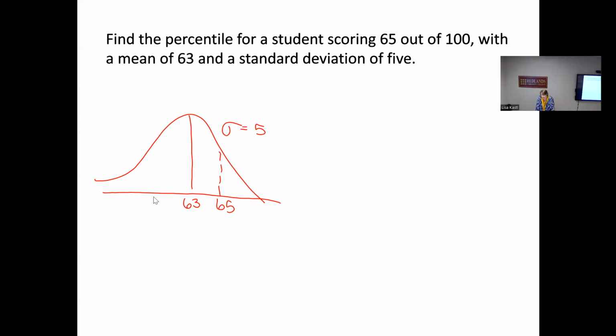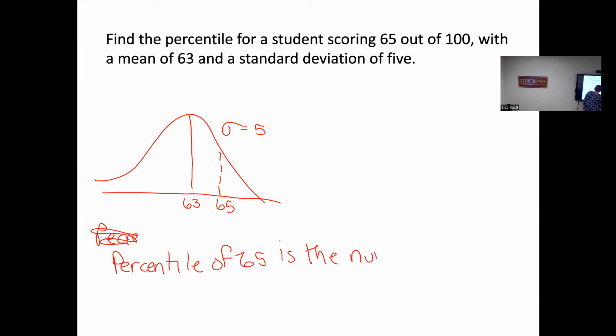Well, a percentile is that point where you have that percentage scoring less than 65. So the percentile is the number, or the percentile, that score less.